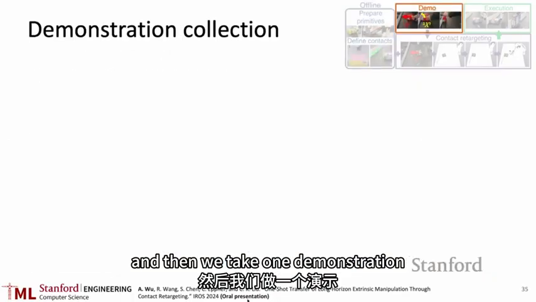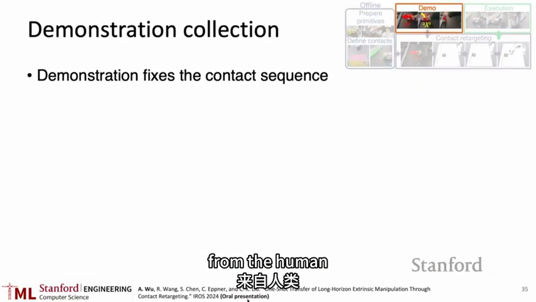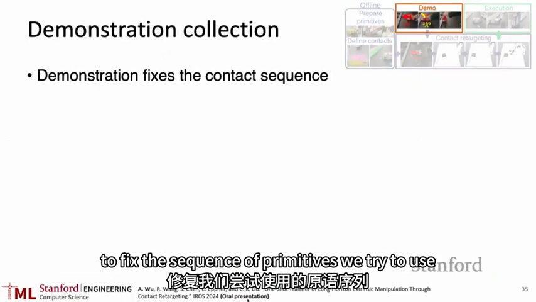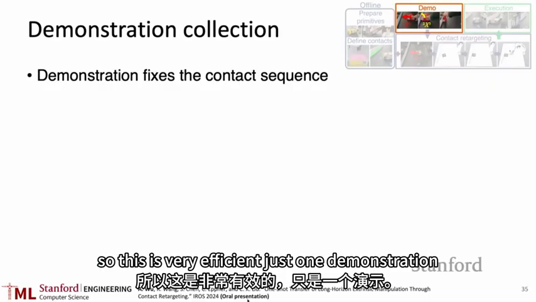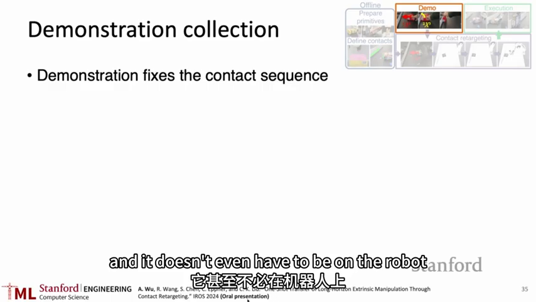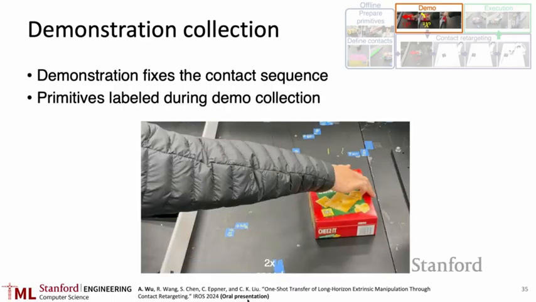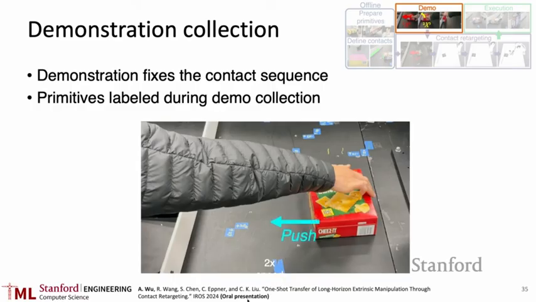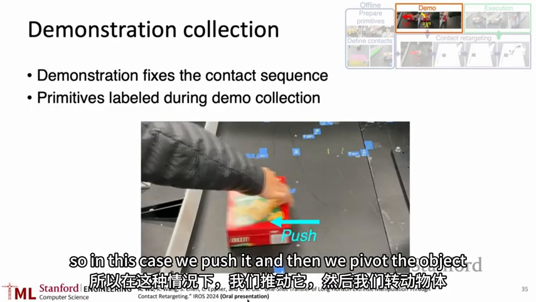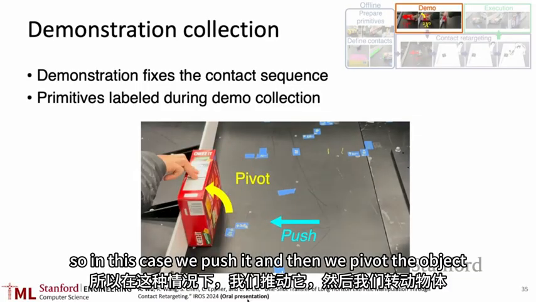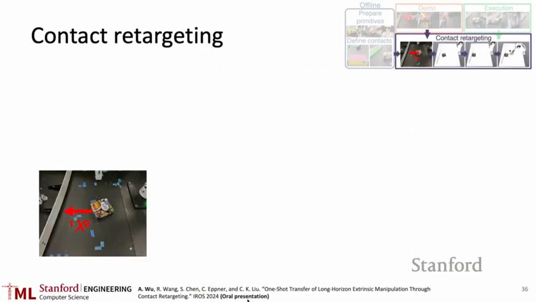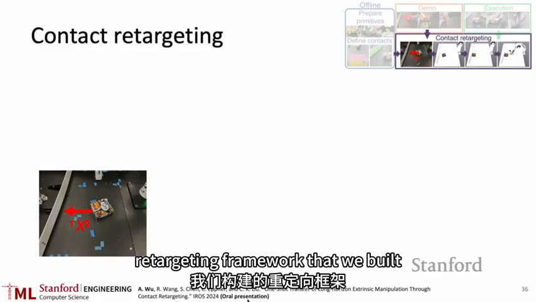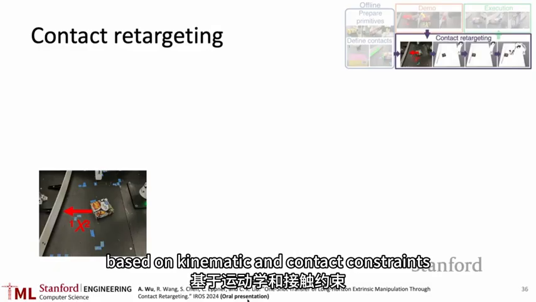Then we take one demonstration from the human to fix the sequence of primitives we try to use. This is very efficient, just one demonstration, and it doesn't even have to be on the robot. We label the primitives used during the demo collection. In this case, we push it, and then we pivot the object. Then we run the contact retargeting framework that we built based on kinematic and contact mode constraints.